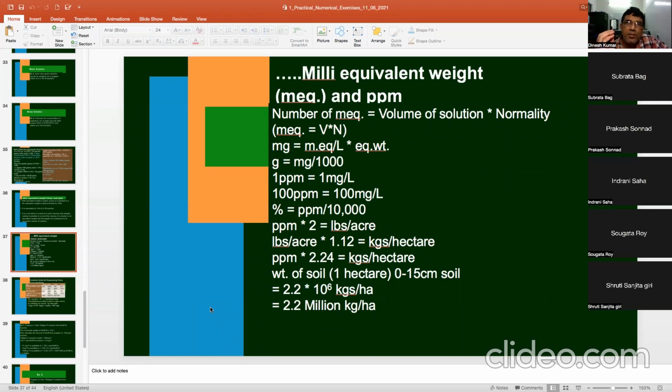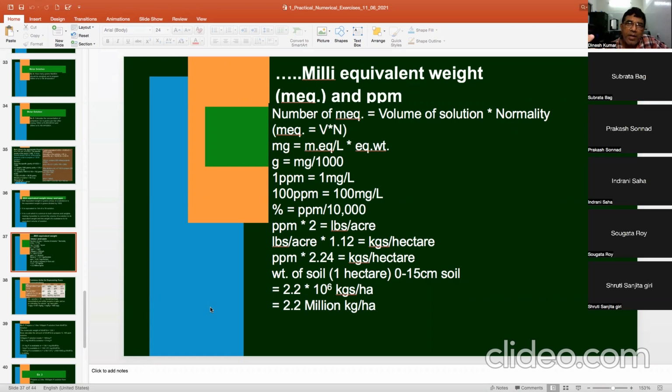Because in case of potassium estimation or phosphorus estimation, you get results in ppm or milligram per kg soil. And this is to be converted on hectare basis. So you need soil weight. You need the weight of 1 hectare soil. Soil depth is 0 to 15 centimeter. Because you are taking a sample in gram, say 1 gram sample, 0.5 gram sample, say you have taken 0.5 gram sample.